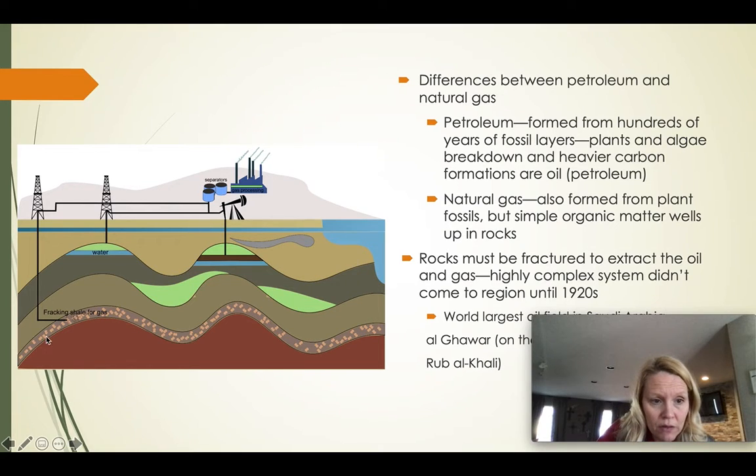Now, if you can see this fracking layer right here, to get to the gas, if you've heard of what fracking means, you are drilling way down beneath the earth, and then you are sending this tube piping in to break up the material to get the natural gas and petroleum out of there.